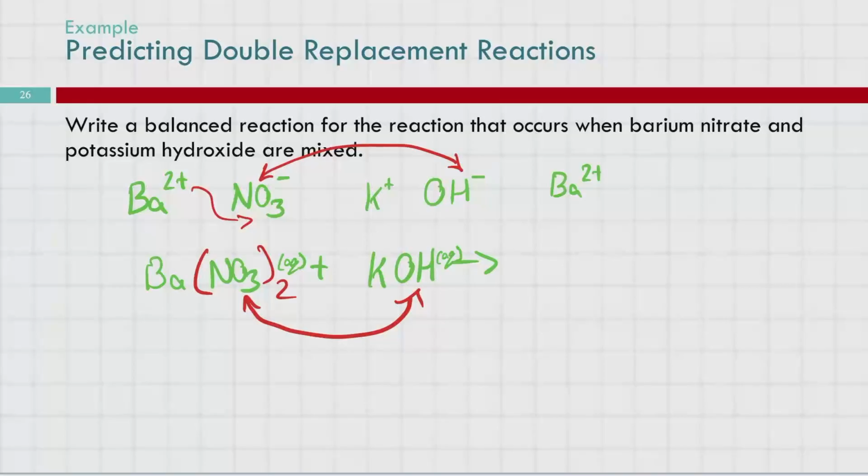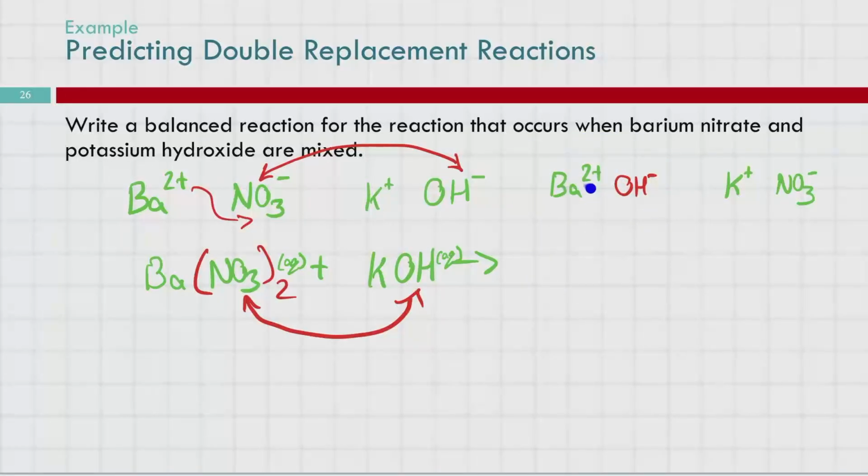So put the OH minus next to it. And we've also got our potassium, K plus. We rewrite that, and that's now paired with the NO3 minus.